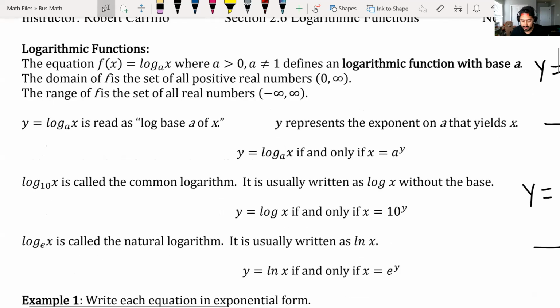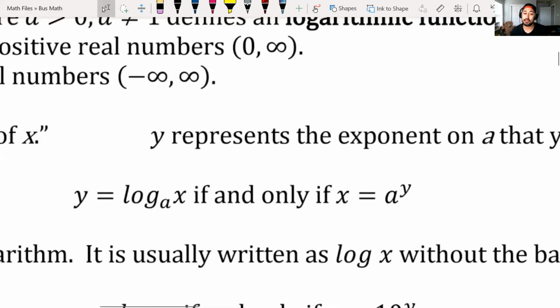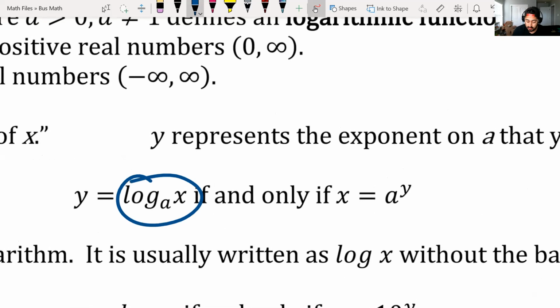Since these are inverses of each other, you can rearrange a log into an exponential function. And the way to do that is quite simple. One thing to notice is that the base of the log is the base of the exponential function.